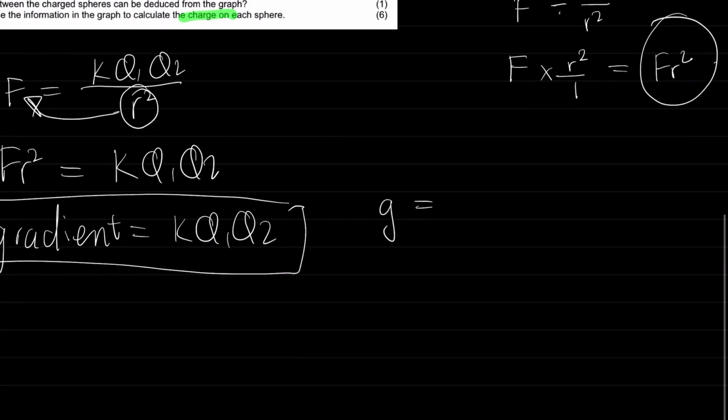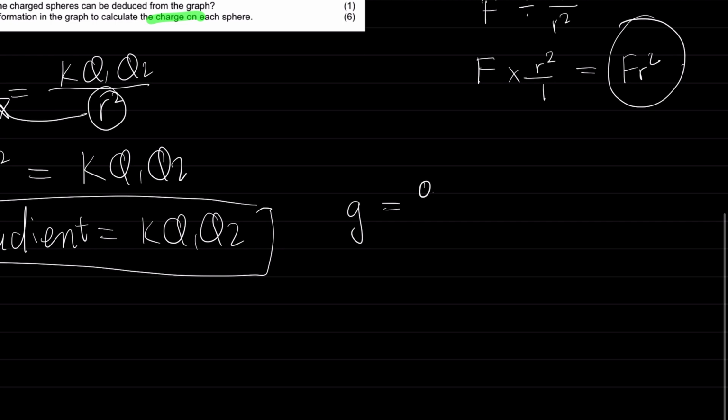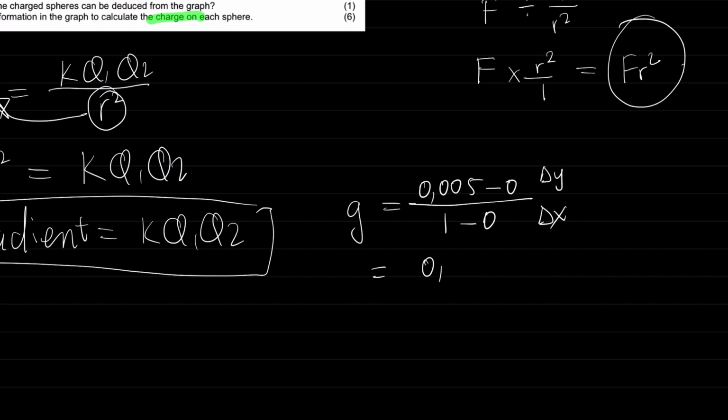So to work out the gradient, we're going to say 0.005 minus 0, divided by 1 minus 0. So basically the change in y divided by the change in x. And so we're going to get a gradient value of 0.005. And that's equal to K Q1 Q2.